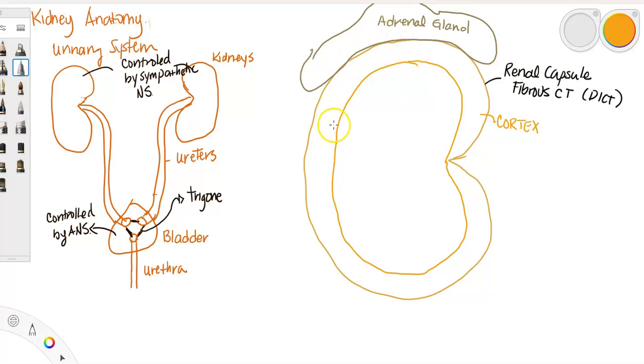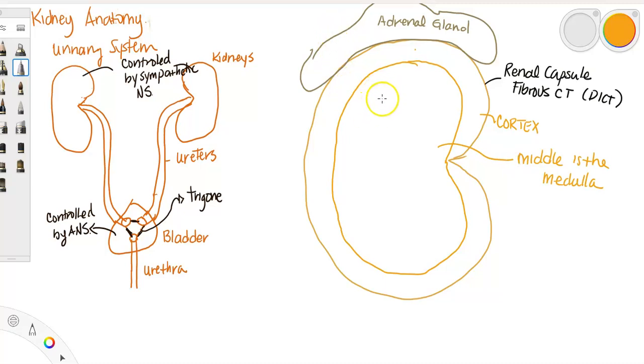Okay, so we've got this cortex here, and on the inside here, the cortex is here, the middle is the medulla. Go ahead and say middle is the medulla.